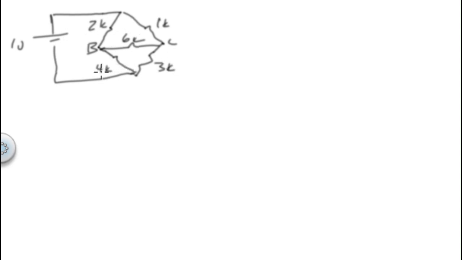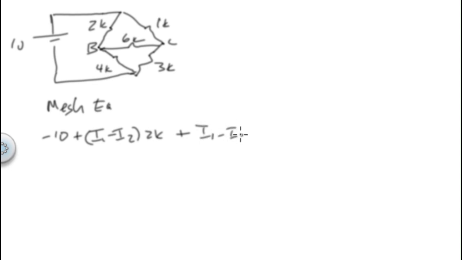So basically in my I1 loop I have what? This is my mesh equation. Minus 10 plus (I1 minus I2) times 2K plus (I1 minus I3) times 4K equals 0.